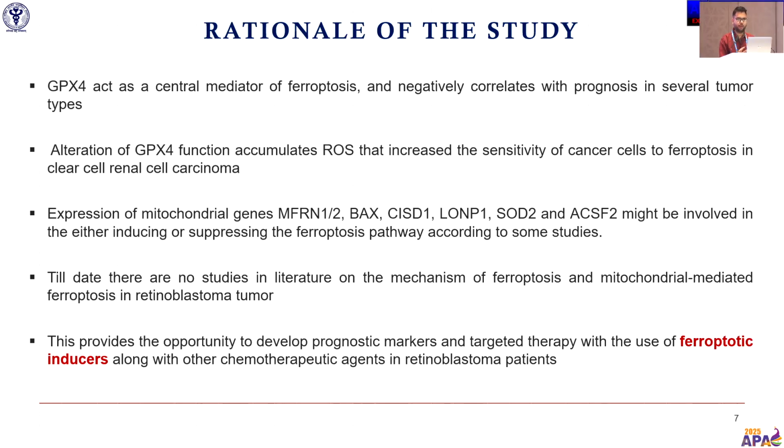Expression of mitochondrial genes, as I have already discussed, might be involved in either inducing or suppressing the ferroptotic pathway according to other studies. Till date, there are no studies in the literature on the mechanism of ferroptosis and mitochondrial mediated pathway in retinoblastoma tumor. This provides us the opportunity to develop prognostic biomarkers and targeted therapy using ferroptotic inducers and chemotherapeutic agents for the survival of retinoblastoma patients.